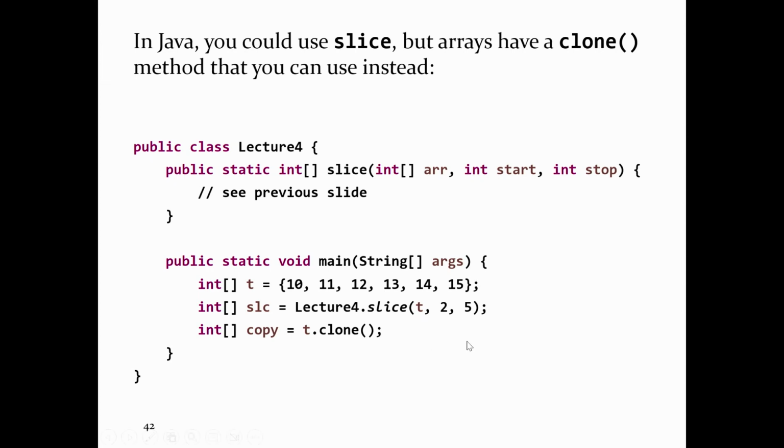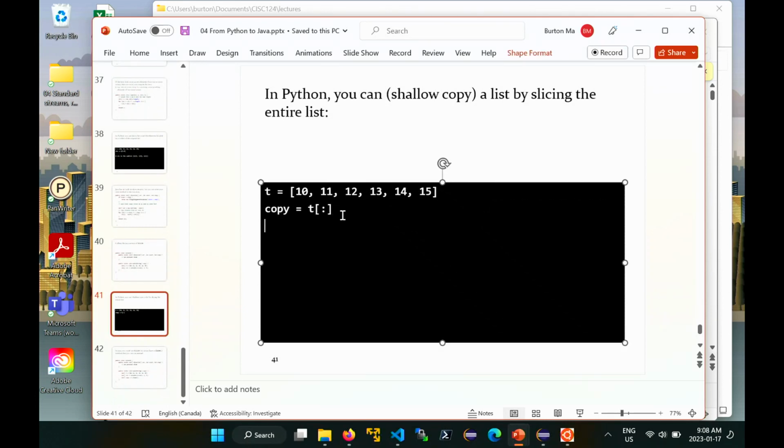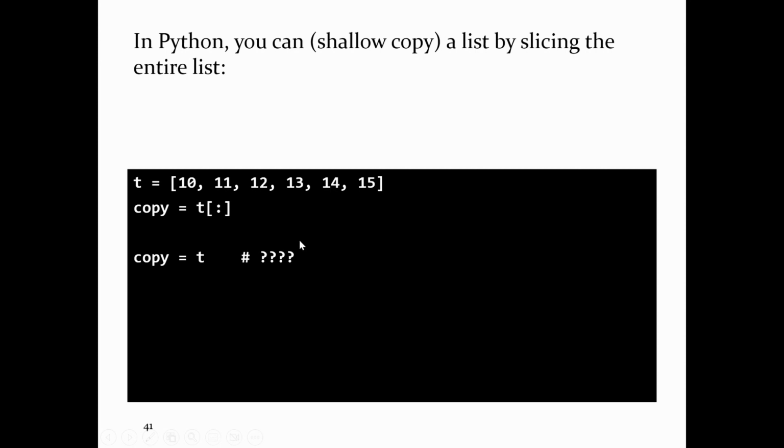What you don't want to write, both in Python and in Java, is the following: copy equals t. Do you remember what that does in Python? Does it actually make a copy? Anybody? Why doesn't it make a copy? Or what does it do instead?